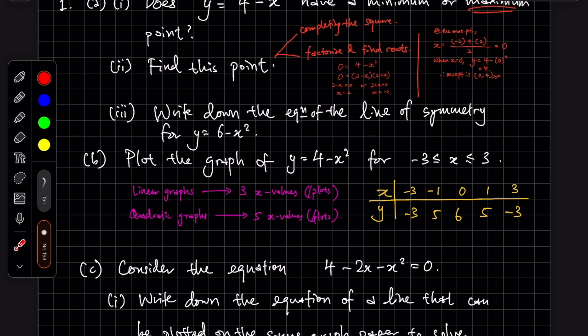Usually for these kinds of things, how do we get these values? We get these values by picking some x values and subbing into the equation, right? Which means all of these points must lie perfectly on the curve.